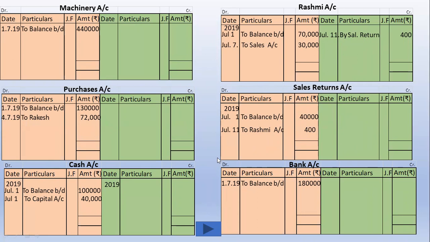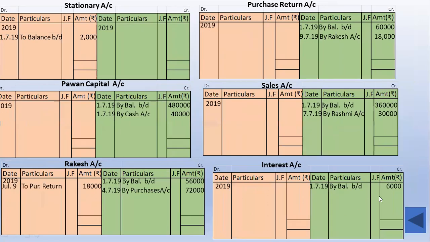This entry shall be noted as Rakesh account debit side and cash account credit side rupees 39,200. See, in cash account credit side rupees 39,200, and in Rakesh account debit side, to cash account 39,200.